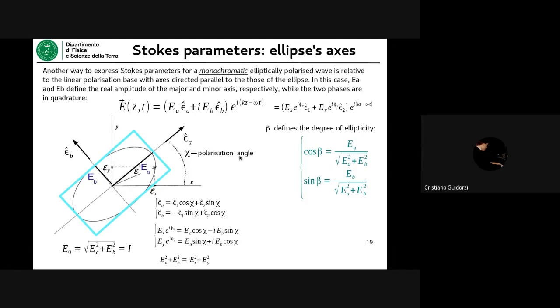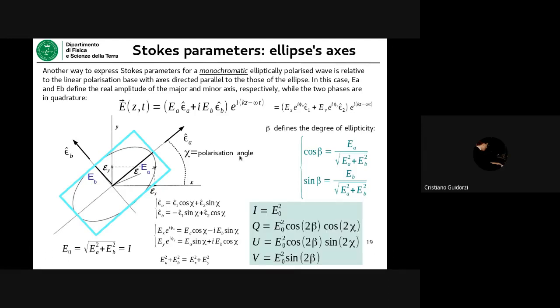Yes, indeed, this is what I just said. If you go on, you immediately see that you can recover all of the four Stokes parameters as a function of the new quantities: not only the intensity E0, but also the polarization angle chi and the angle that we call beta. You can verify it straight away.